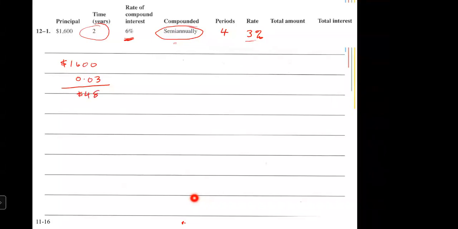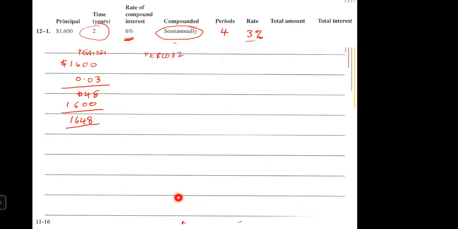Now, because we're doing compound interest, you're going to add that to 1,600. So that would be 1,648. So at the end of the first period, we don't say first year because we're doing it semi-annually. So period 1, we're going to have 4 periods. Period 2, and each period in this case is a half a year.